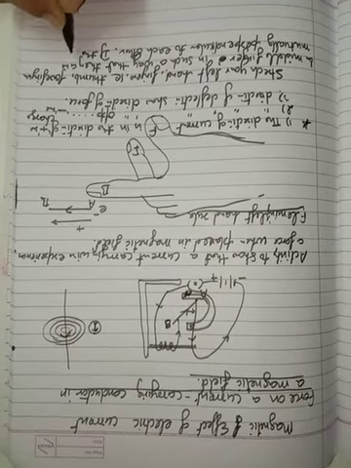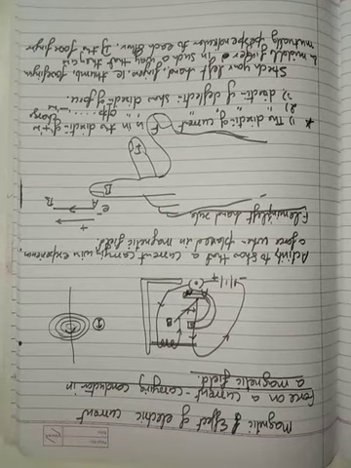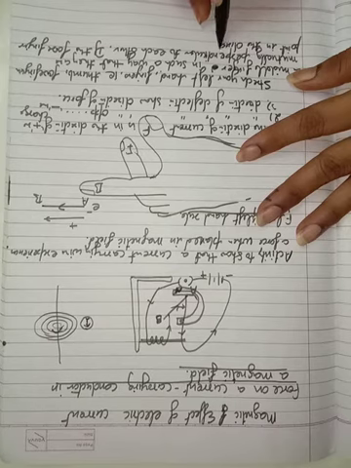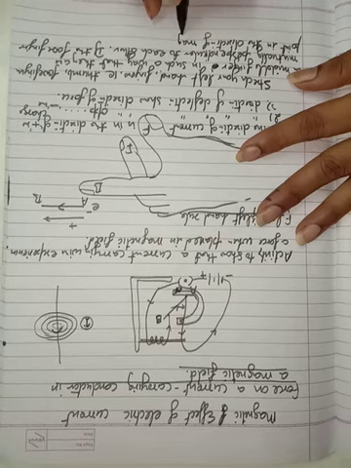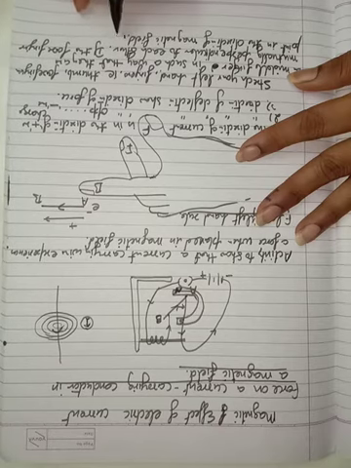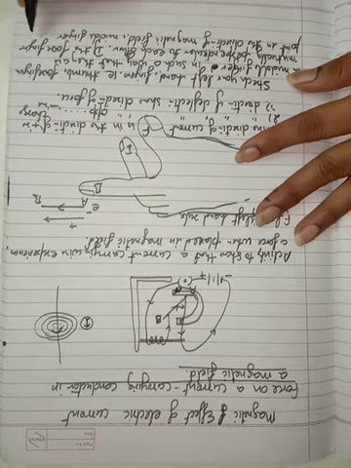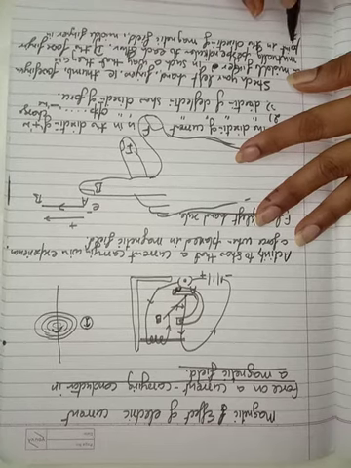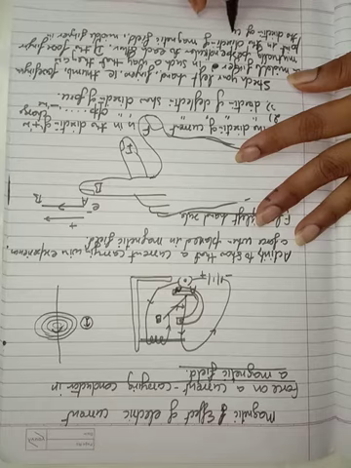If the forefinger points in the direction of magnetic field, the middle finger in the direction of current.